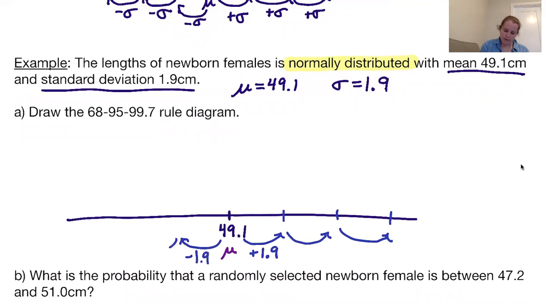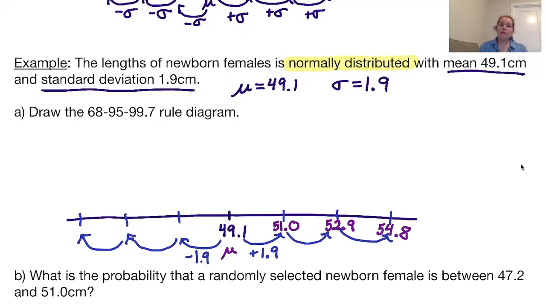So we'll subtract 1.9. And if we find each of those values, 49.1 plus 1.9 should be 51.0. Followed by another 1.9 would be 52.9. Followed by one more 1.9 should be 54.8.